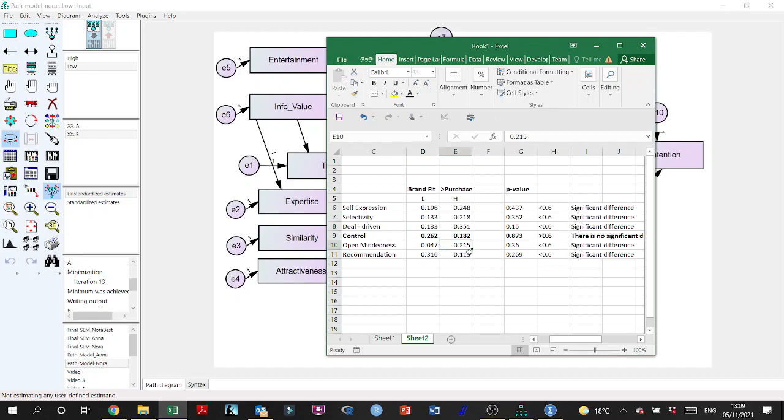The same applies for open-mindedness. However, when we come to recommendation, we find that when the love for recommendation is very high, the brand fit is not that influential.